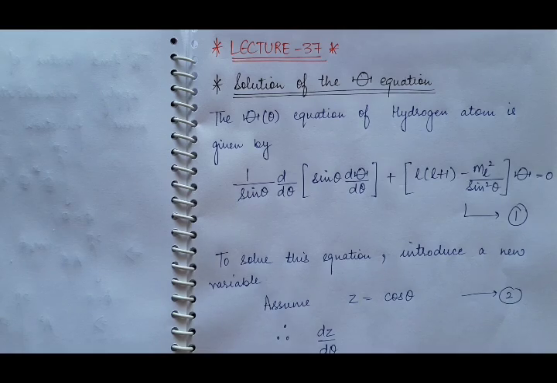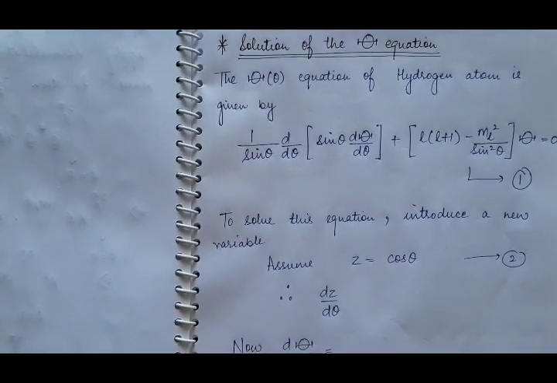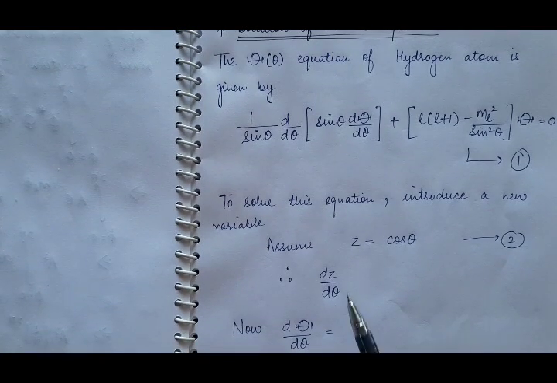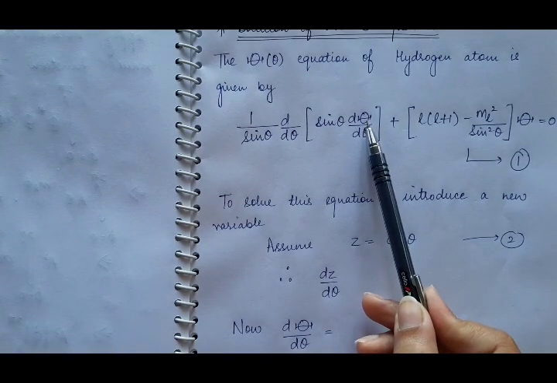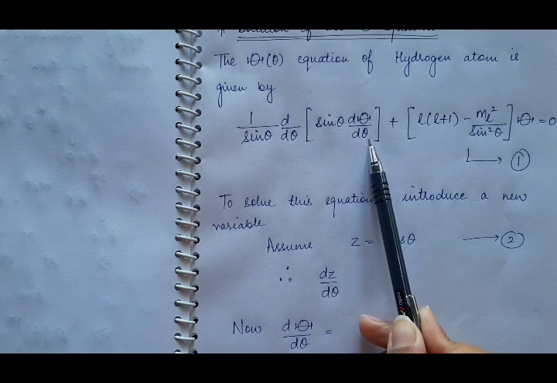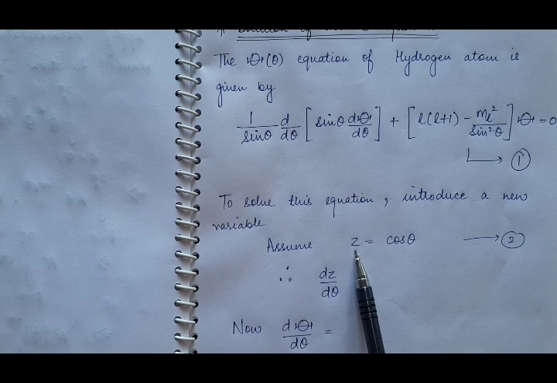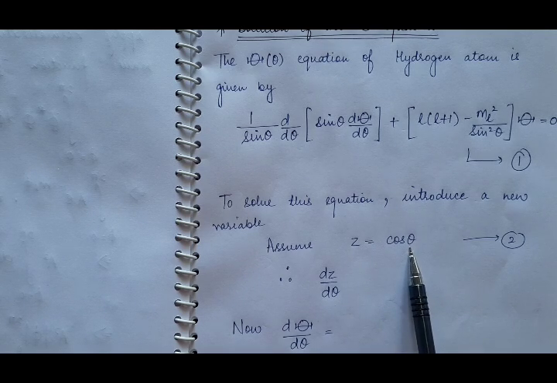To solve this equation, we are introducing a new variable, that is z. As this wave function theta is a function of the zenith angle theta, this new variable z will also be a function of the zenith angle theta. Suppose z is equal to cos theta.